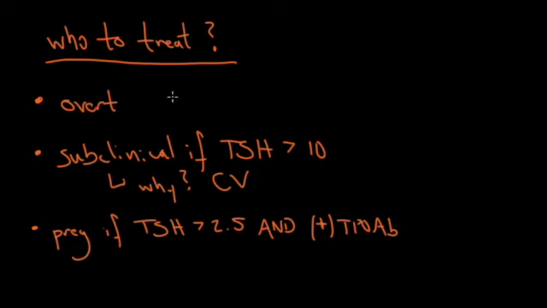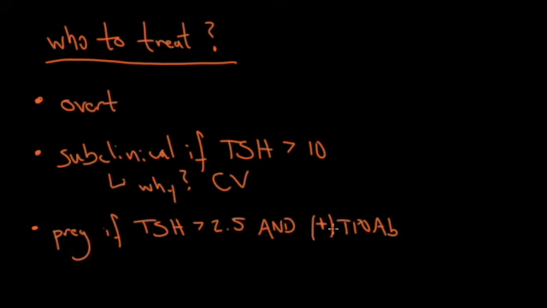So then another class that we always want to treat is pregnant patients or patients that are looking to become pregnant if their TSH is over 2.5 and they have positive TPO antibodies.